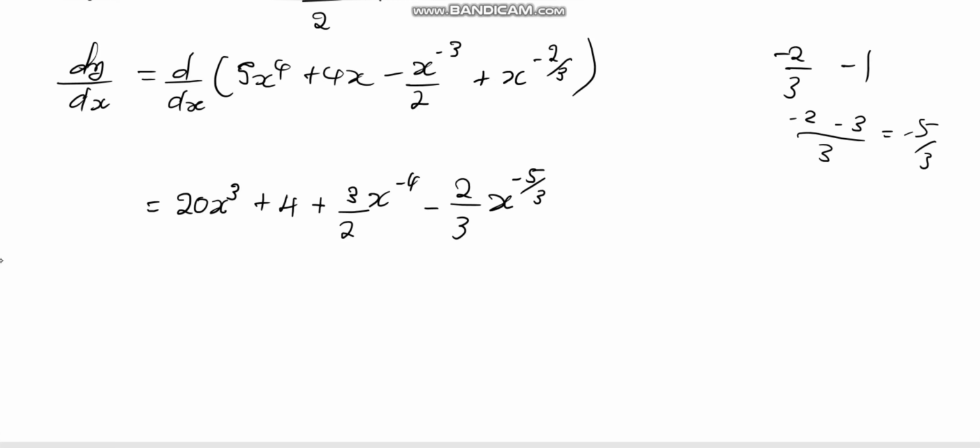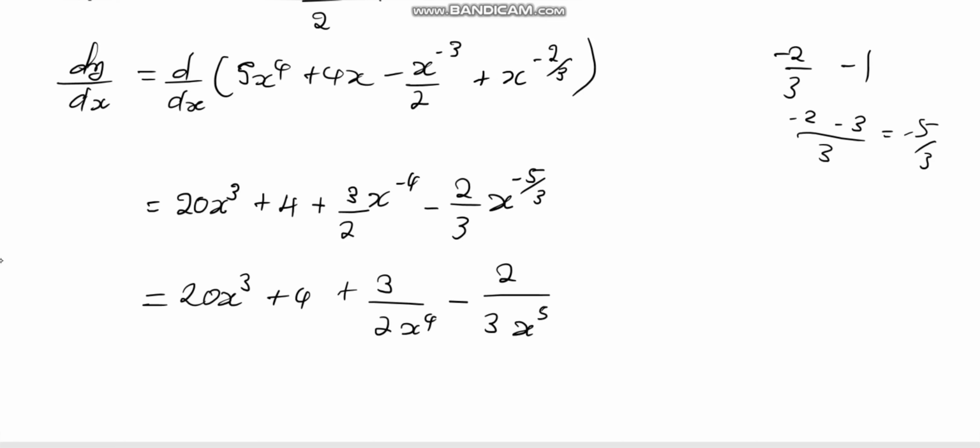So now we've differentiated already, so let's get rid of the negative exponents. We know that if a variable has a negative exponent, then it's supposed to go in the denominator. So here we have 20x to the power 3 plus 4 plus 3 over 2x to the power 4 minus 2 over 3 x to the power 5 over 3.